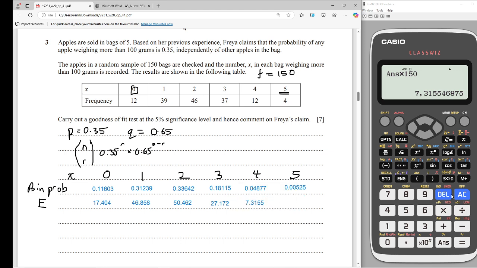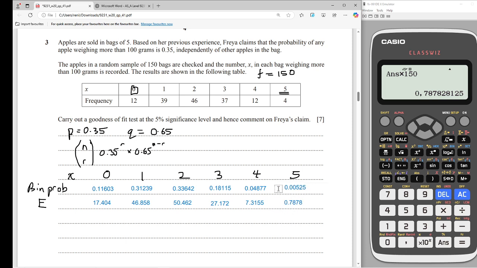And the final one we have here, we can completely disregard that. The power 5, and this is multiplied with 150. We get the value 0.7878.